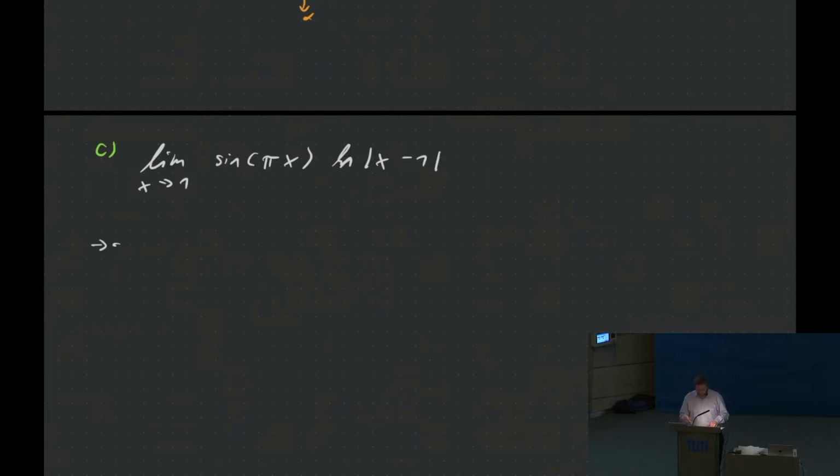But before we do that, let's have a look at that fraction here. What we have here is the sine of pi x, if you remember what the sine looks like. Basically, the sine function looks like this, and this is pi. As x tends to 1, of course, sine of pi x tends to sine of pi, so that goes to 0.